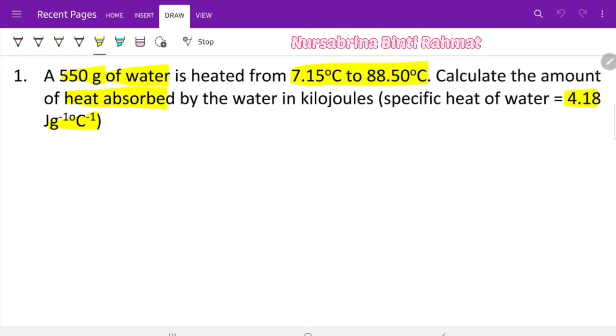So for the amount of heat, you were given the specific heat capacity of water. That means we're going to use Q equals mass of water multiplied by specific heat capacity of water multiplied by the change in temperature. The mass of water must be in gram, because the specific heat of water is given in the unit of joule per gram per Celsius.